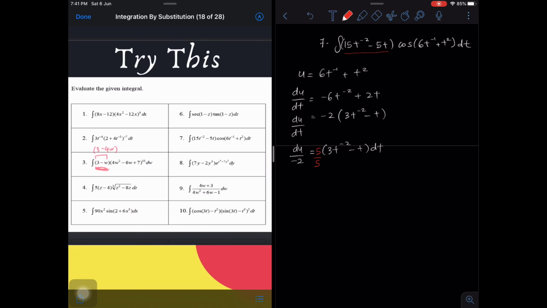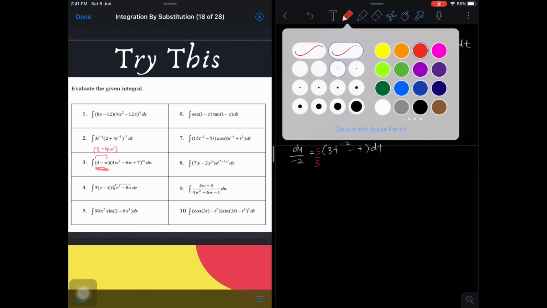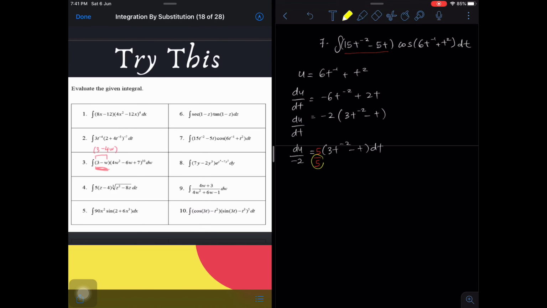Because 5 over 5 is actually 1, there is no change in this equation. So you can bring this 5 in the denominator to the left. So what you have on your left is negative 5 over 2 du. Now you have on the right 5 times 3 is 15t to the power of negative 2 minus 5t dt.